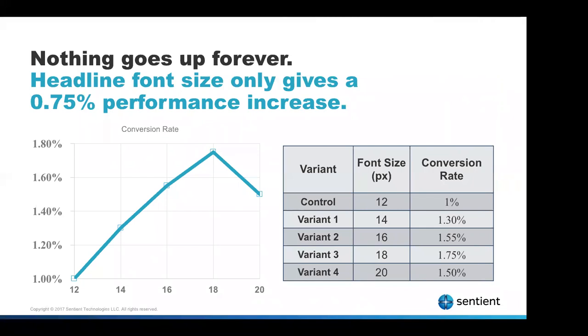But when we get all the way up to 18, that's about all she wrote. So for the purposes of conversion optimization, what we've learned to date, regardless of whether we've drawn it on a hill, is that 18-point is pretty much what we need to do to maximize what we can get by changing this one variable.